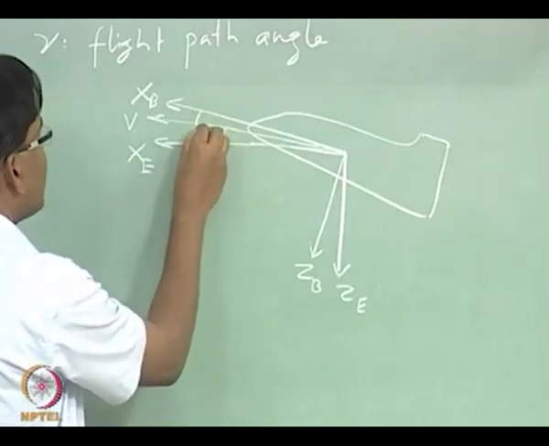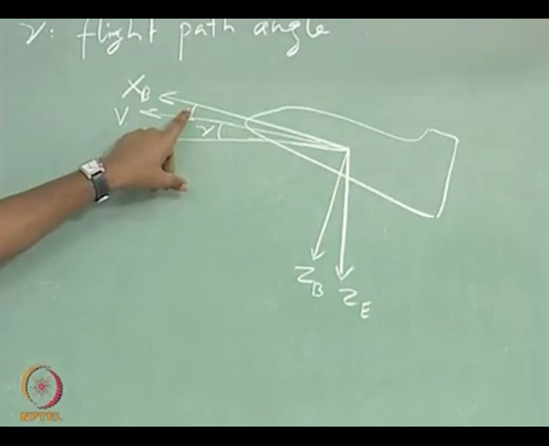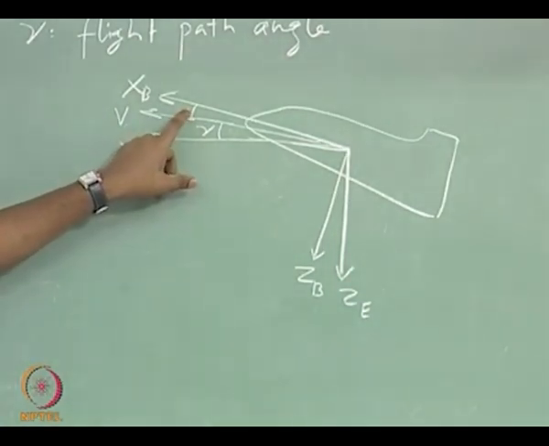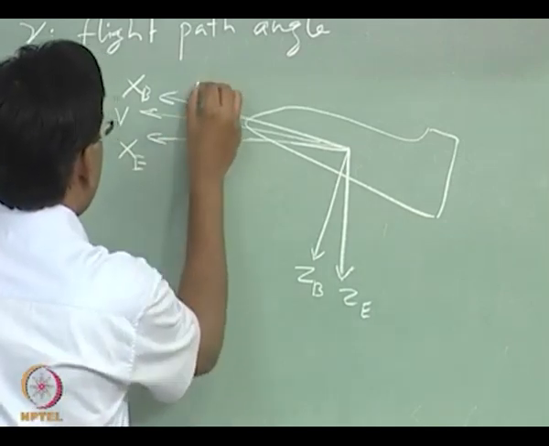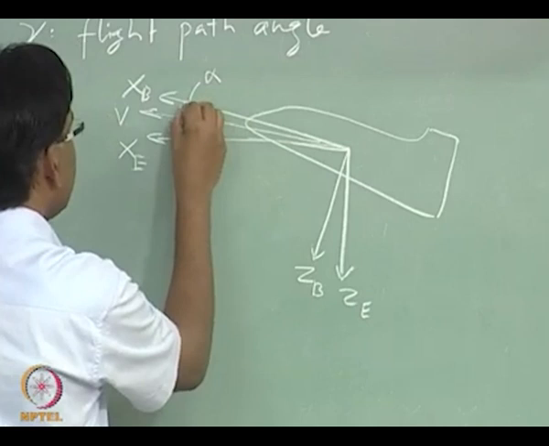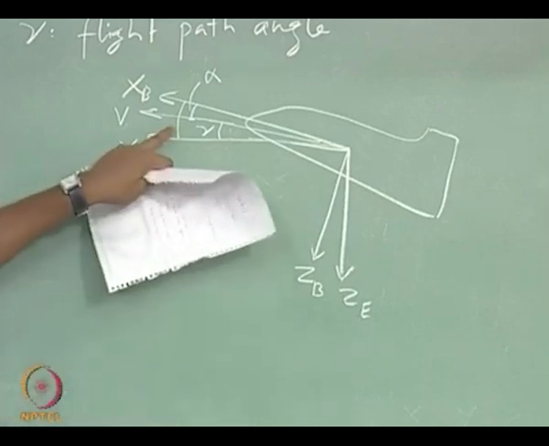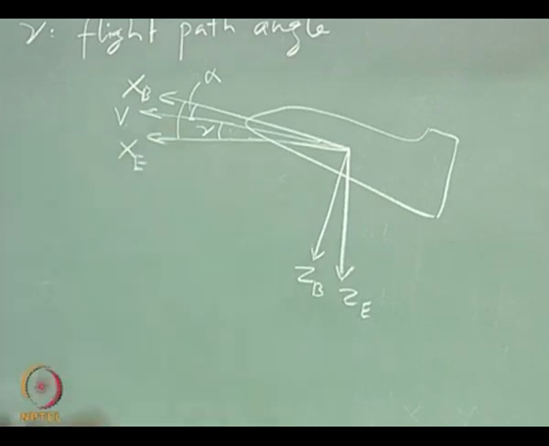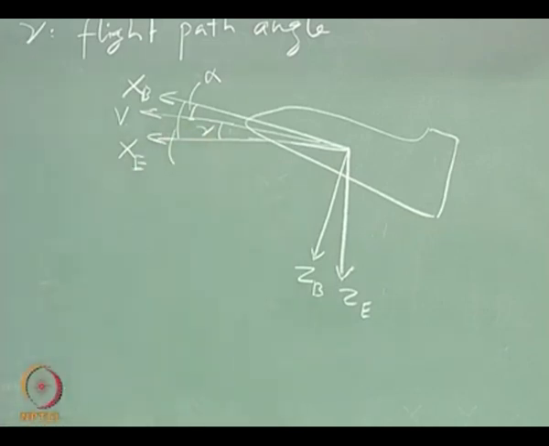What is this angle? What is this angle? Alpha, right? And this angle? What is this angle? I am talking about the longitudinal plane, right.